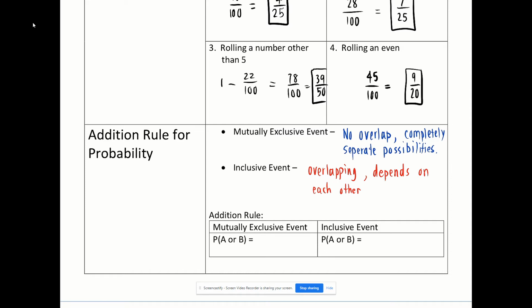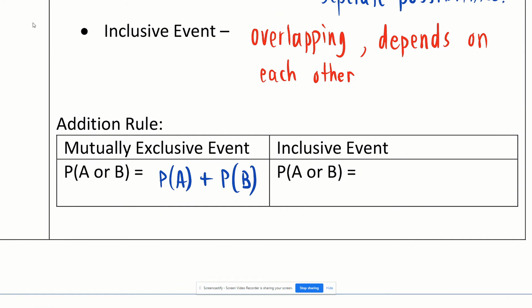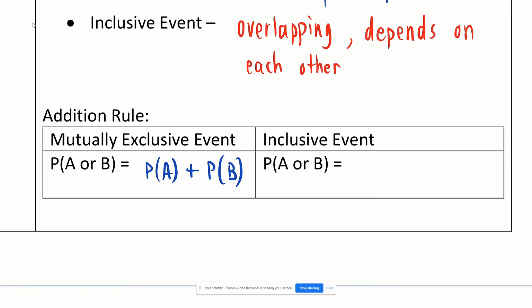If they're mutually exclusive, I'm going to simply take the probability of A and add the probability of B. Very simple. We have one event occurring. You want to find the probability of this or that, and they don't overlap. But if it's inclusive, that's a little different, because you're going to find the probability of A and add the probability of B. But to do this correctly, at the end, you have to subtract the probability of B given A.